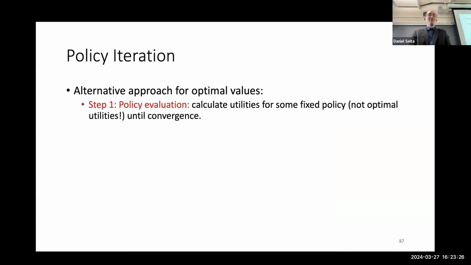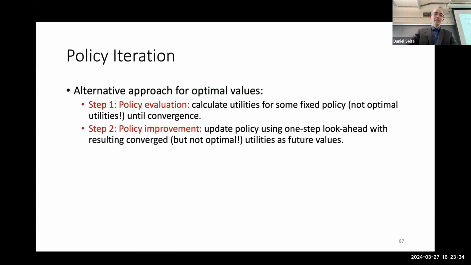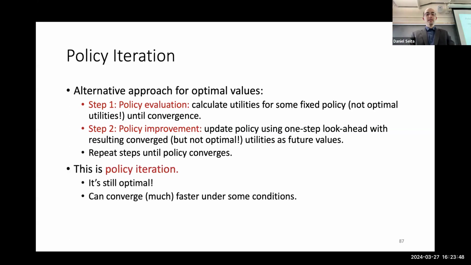Usually not optimal, because when you're starting this, it's going to be a random and very bad policy anyway. And then step 2 is policy improvement, which means you update the policy using a 1-step look ahead with the converged utility as the future value. And then you repeat the steps.